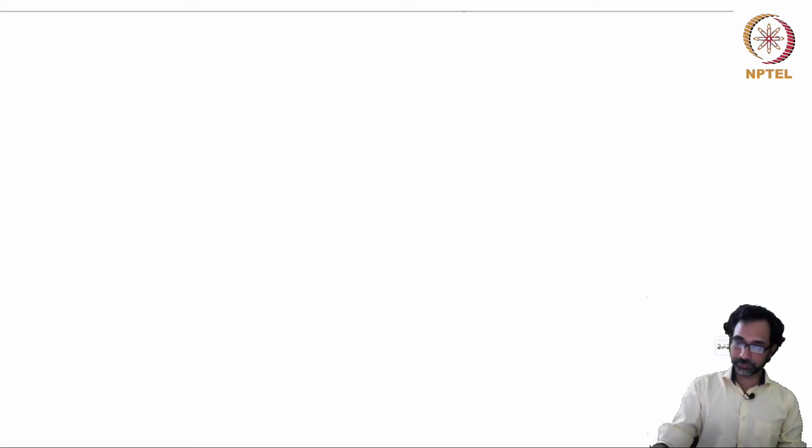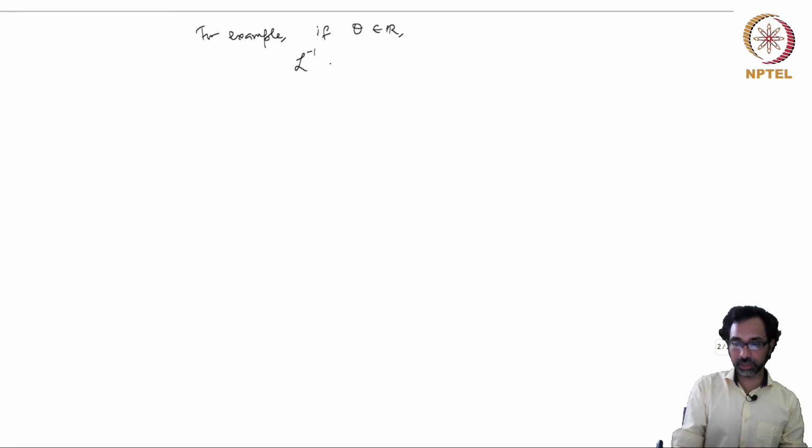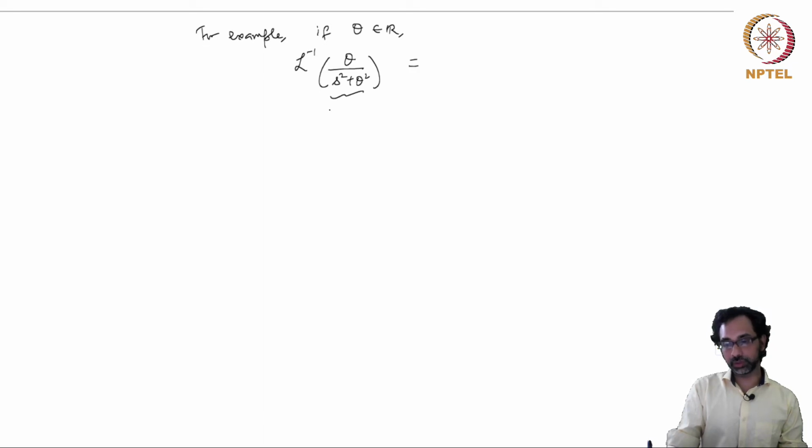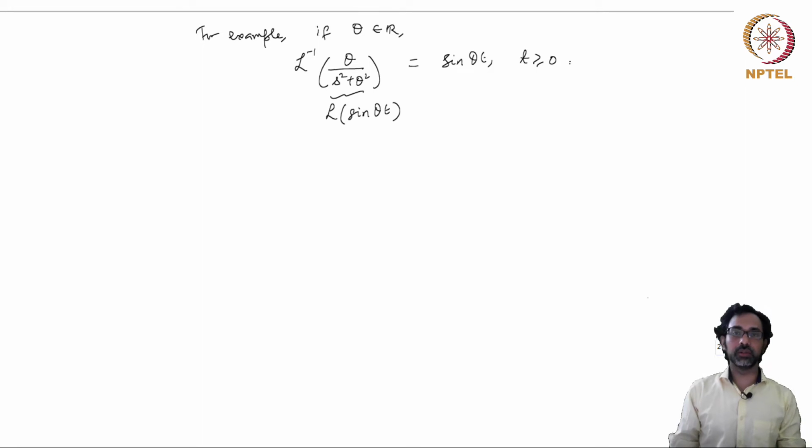So for example, if theta is a real number, then the inverse Laplace transform of theta by s squared plus theta squared, we know that this is the Laplace transform of sine of theta t. So the inverse Laplace transform of theta over s squared plus theta squared is equal to sine of theta t for t greater than or equal to 0.